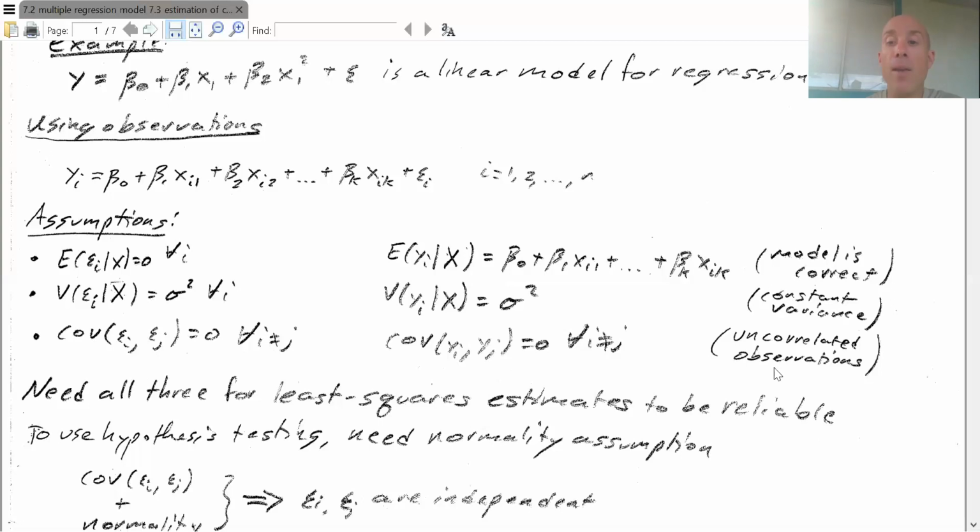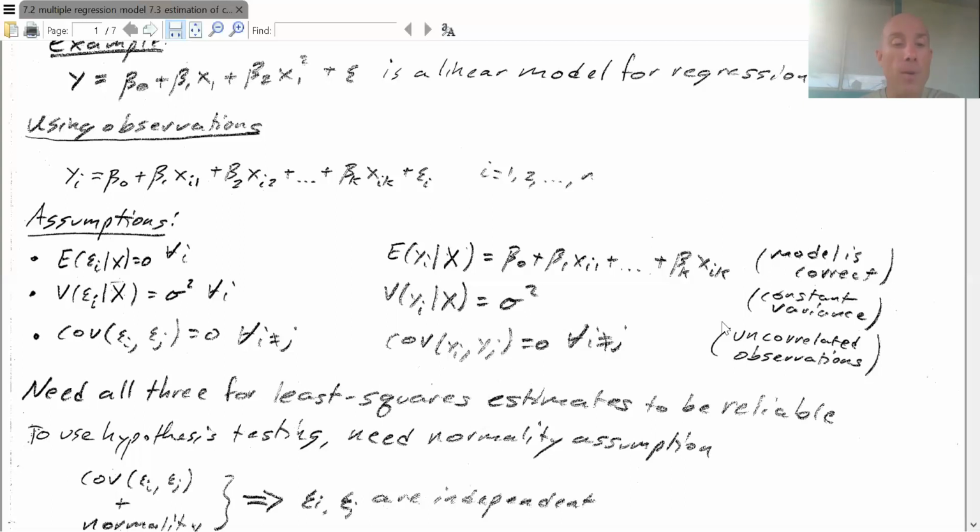And the last one is that we have uncorrelated observations. If we do not have these, nothing that we talk about works out. We need all 3 of these to be reliable. Otherwise, it's a garbage in, garbage out situation with our data, and we don't want to be building models like that.